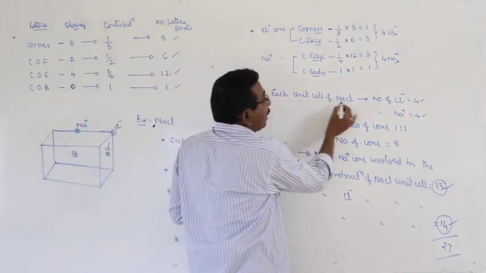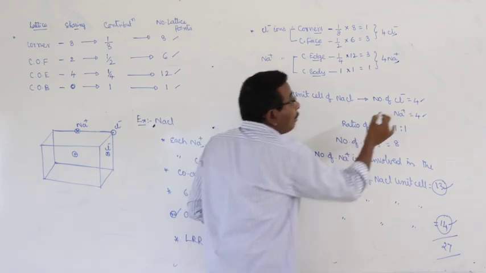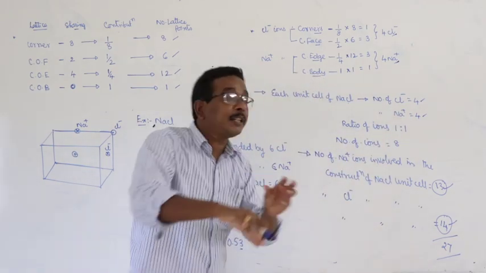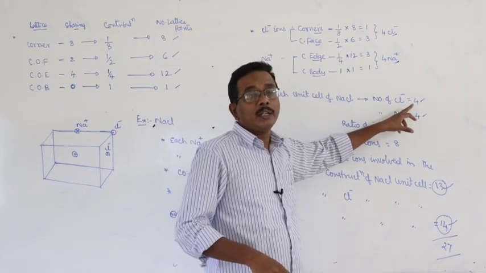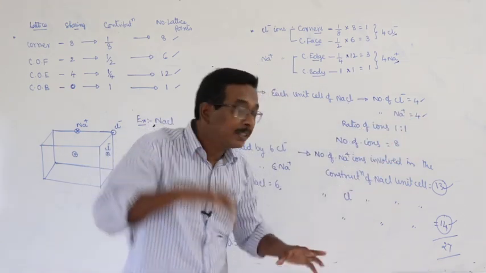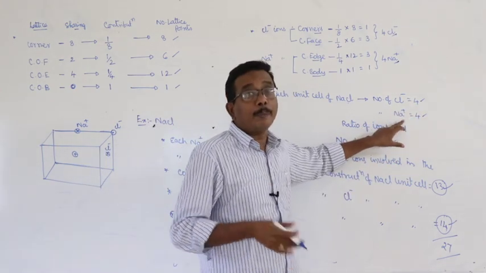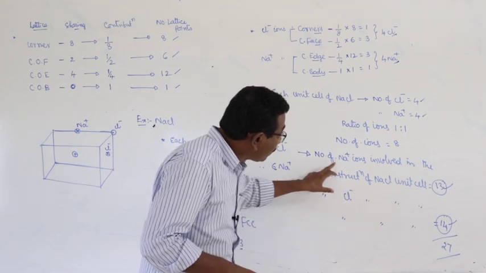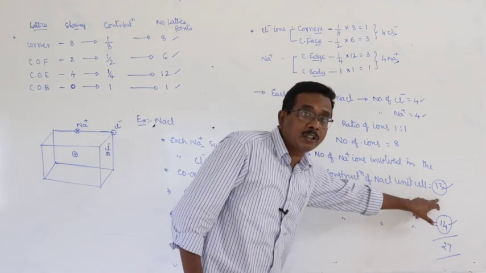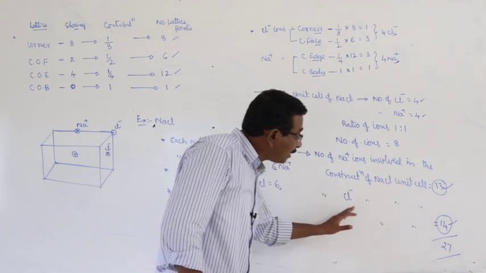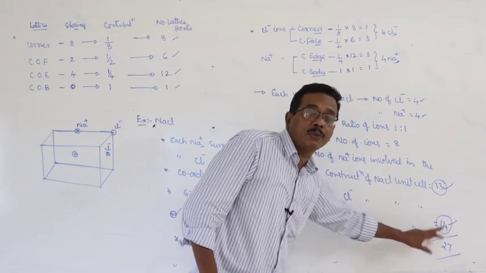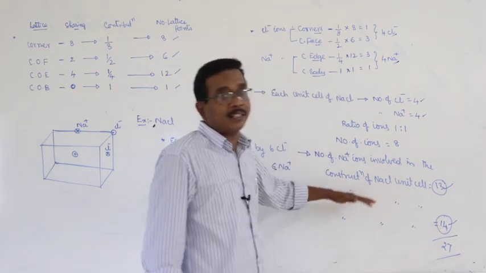In each unit cell of sodium chloride, number of chloride ions present in the unit cell is 4. Number of Na plus ions present in the unit cell is 4. But number of Na plus ions involved in the construction is equal to 13. Number of Cl minus ions involved in the construction is equal to 14. This is the difference.